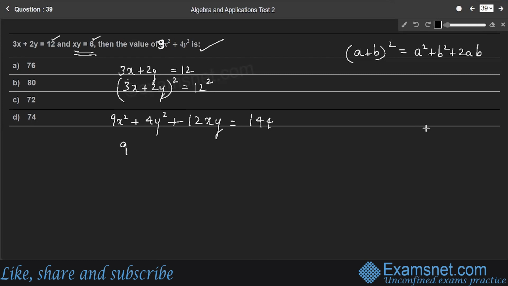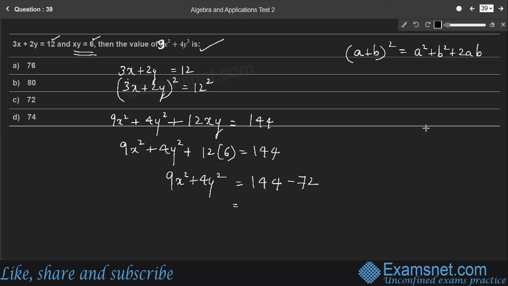Substitute that. So 9x square plus 4y square plus 12 into 6 is equal to 144. Therefore, 9x square plus 4y square is equal to 144 minus 72, which is 72. Right? 72, option C is the right answer.